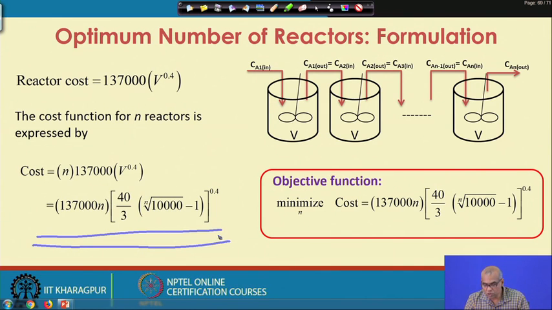So, to find the minimized cost, we now have to find the value of n that minimizes the cost as represented by this expression. So, note we have an unconstrained function of a single variable. So, my objective function is to minimize the cost function, find out n and minimize the cost function.